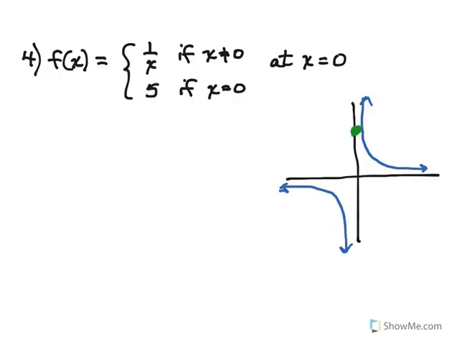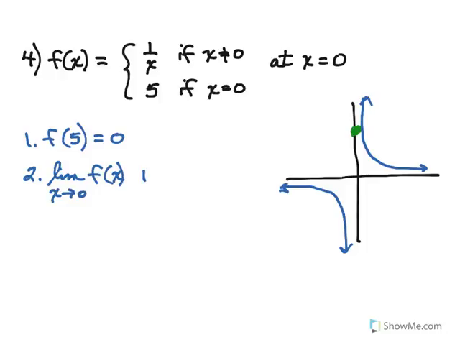So let's check it out from the perspective of using the tests for continuity. So first we need to determine if f of 0 exists. Well, it does, and we're told it equals 5. Now we need to consider the limit of the function as we approach 0. Well, this is where obviously it does not exist.